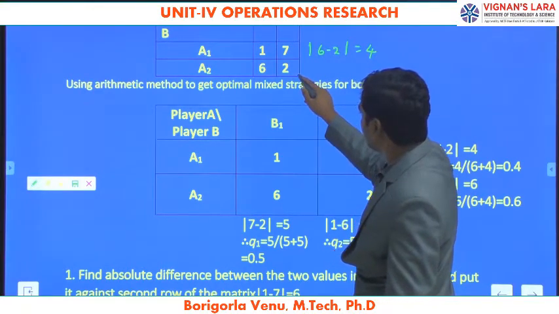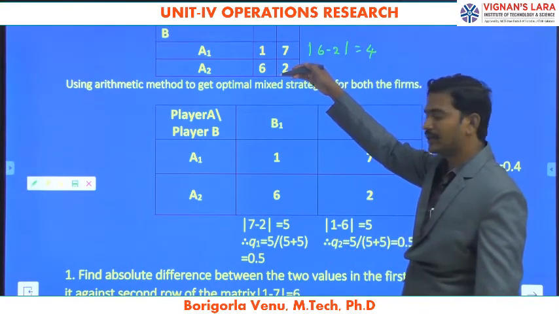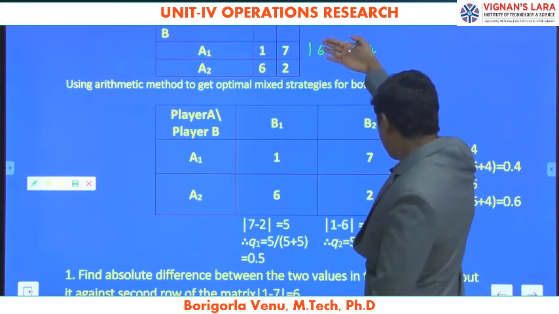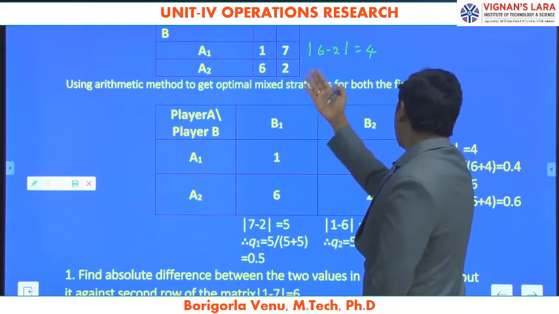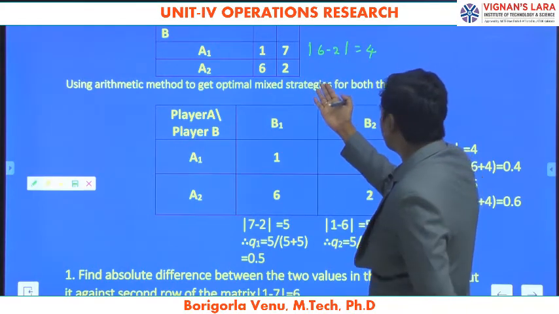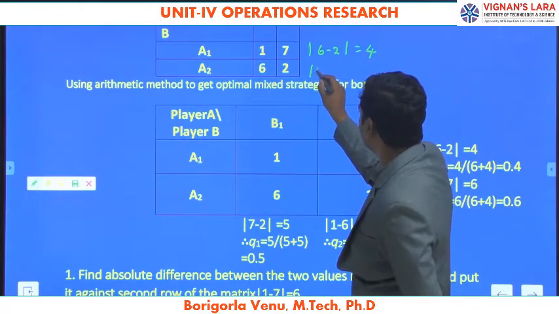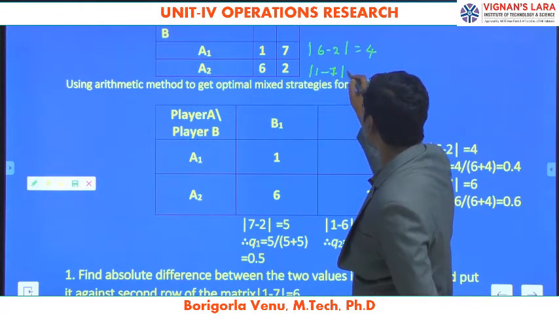Coming to the second row, we calculate the absolute difference between the two values of the second row and put it against the first row. Here I take 1 minus 7, that is 6.